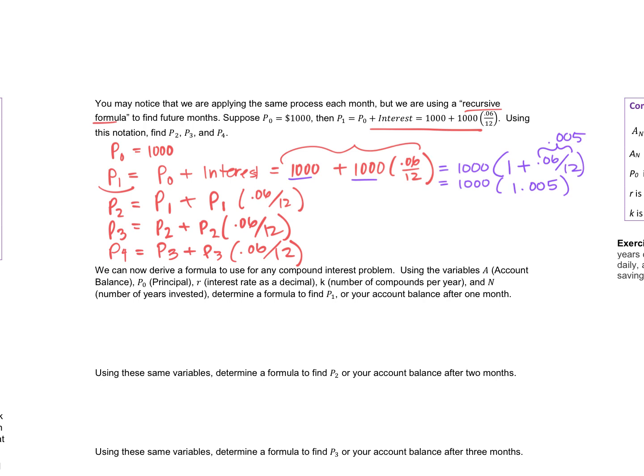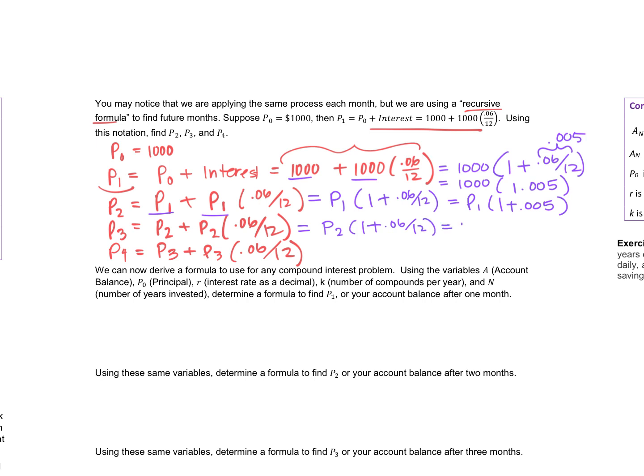And so when we look at this amount, again, you can see that P1 in both places, so I could write P1 times 1 plus 0.06 over 12, but that's really P1 times 1 plus 0.005. And I could rewrite all of them this way, following that same pattern.